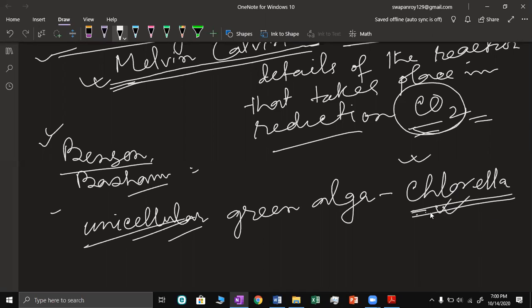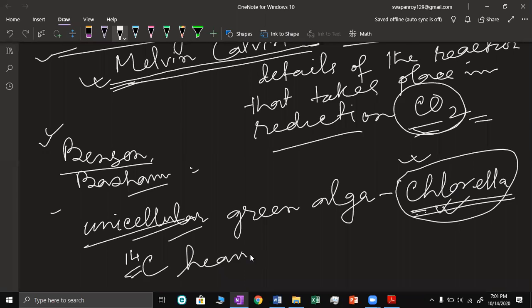So he used chlorella and he used the heavy isotope of carbon, carbon 14.